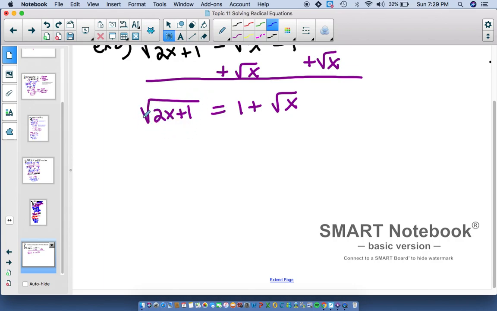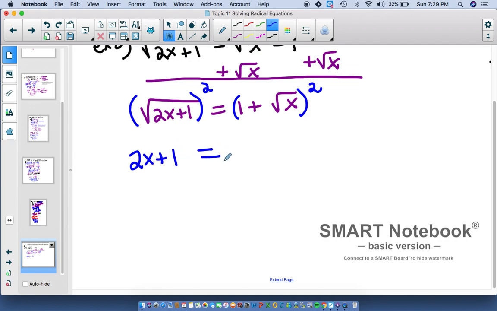Okay, so let's try to get rid of this square root right here. So in order to get rid of this square root, I have to square both sides. Okay, so square root of 2x plus 1 squared, that's going to give me 2x plus 1.